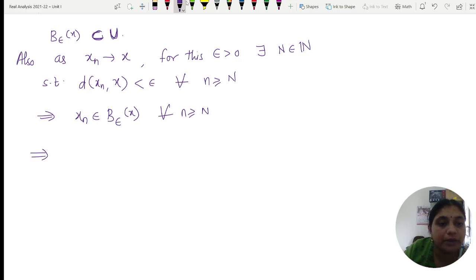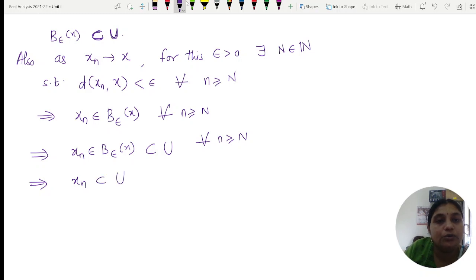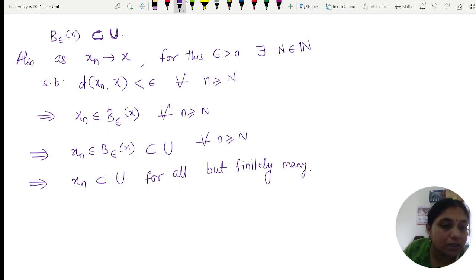So this implies xn belongs to B epsilon of x, but this B epsilon of x is contained in U for all n greater than or equal to N. This implies xn is contained in U for all but finitely many. Right?